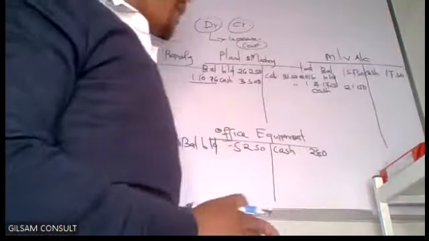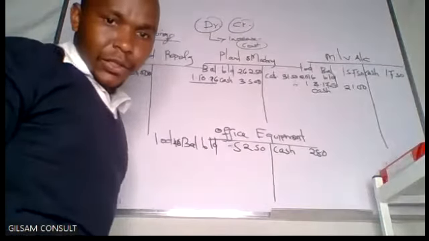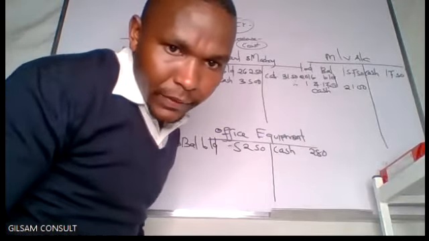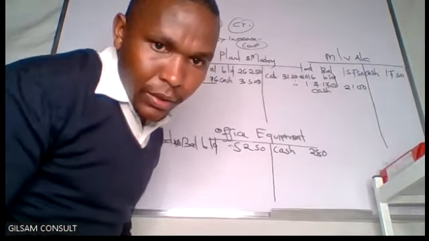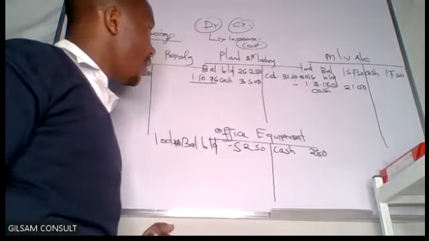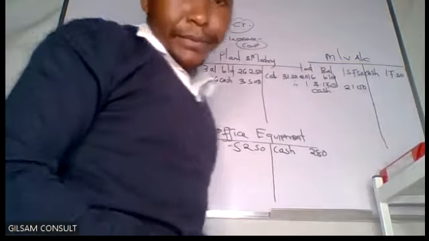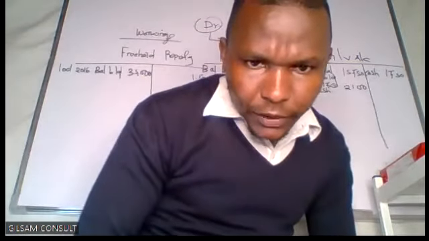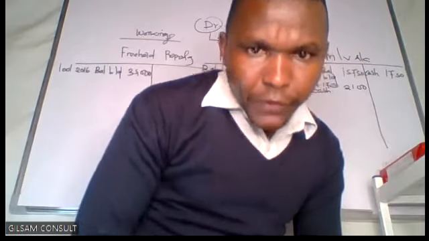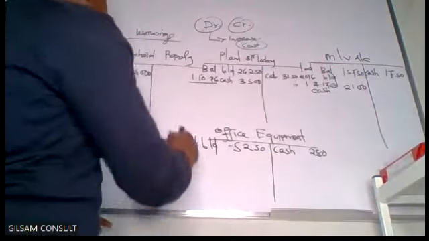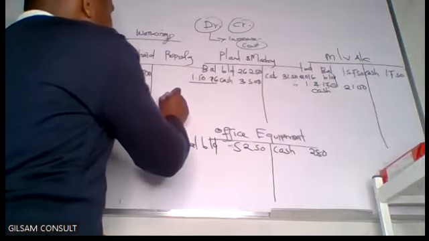So we have recorded that additional information. The last information, note number 2, is about depreciation. So now you can close this whole account and get the balancing figures.